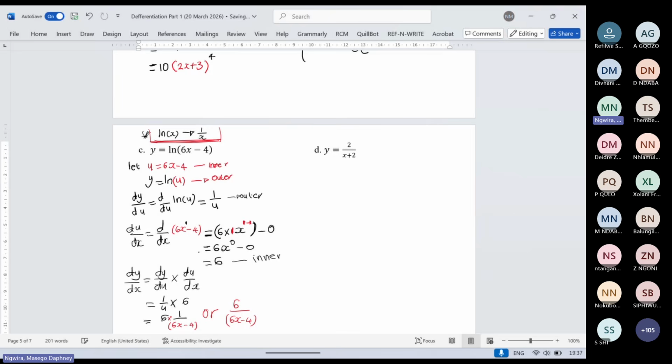I just simply replaced my u with 6x minus 4, because the derivative of my outer is 1 over u. I took it from here. That's why it's important to do these two first before you multiply. Others can do it without doing the other steps, but it's important.